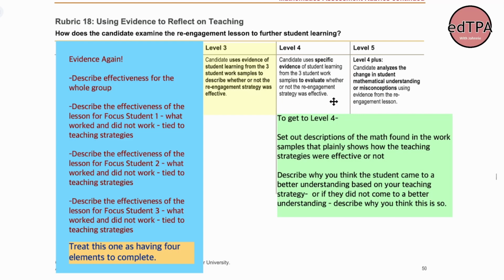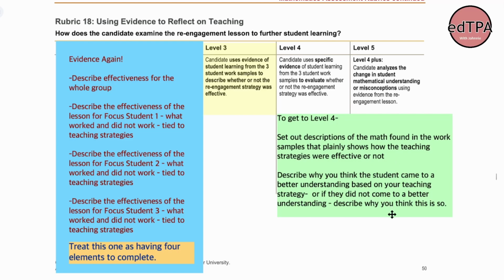For level 4, candidate uses specific evidence of student learning from the 3 student work samples to evaluate whether or not the re-engagement strategy was effective. And my suggestion here to get to level 4, set out descriptions of the math found in the work samples that plainly show how the teaching strategies were effective or not.